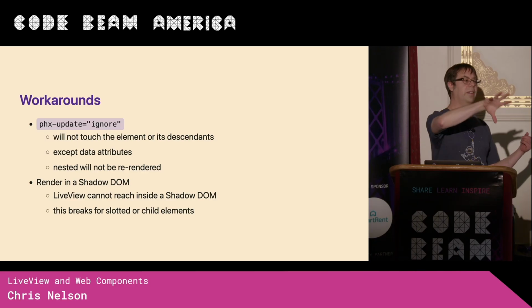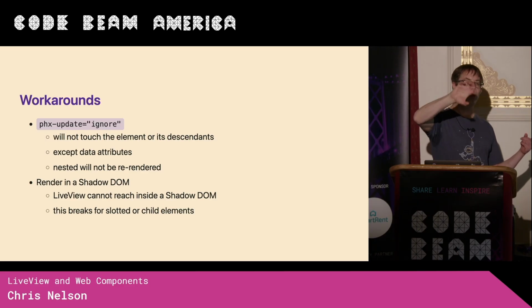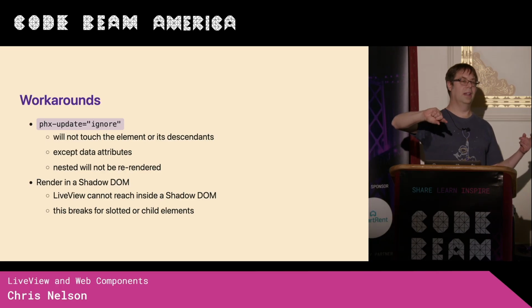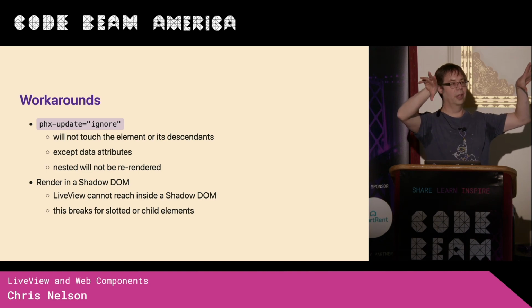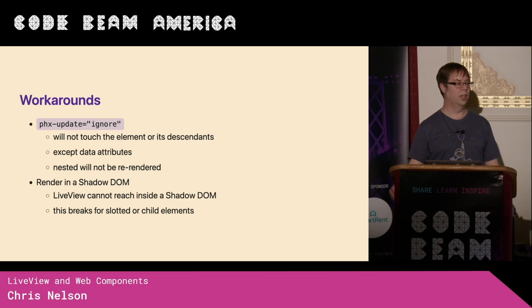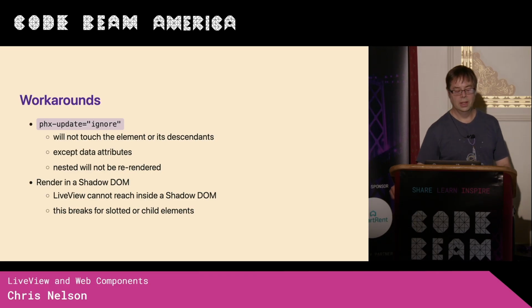So if we went back to that example with the map, we have some inner content inside that element for the marker. Well, if you were to set Phoenix update equal to ignore on the outer element, you'd never know when you change the airport because Phoenix is not going to touch things anymore for you. So it's definitely an approach that's challenging.